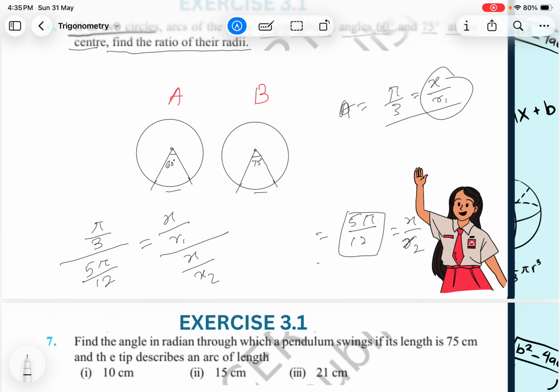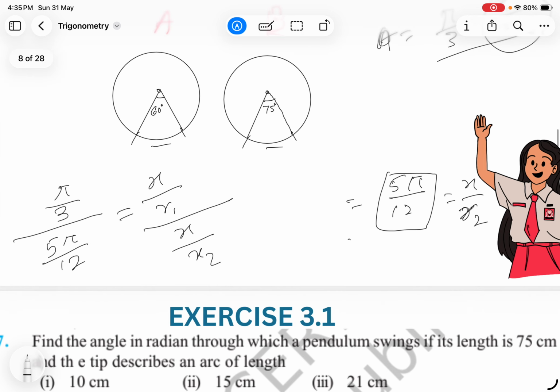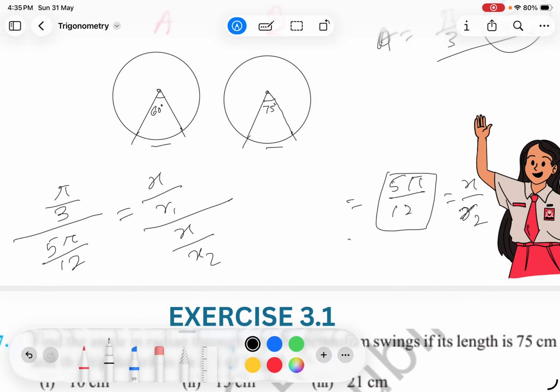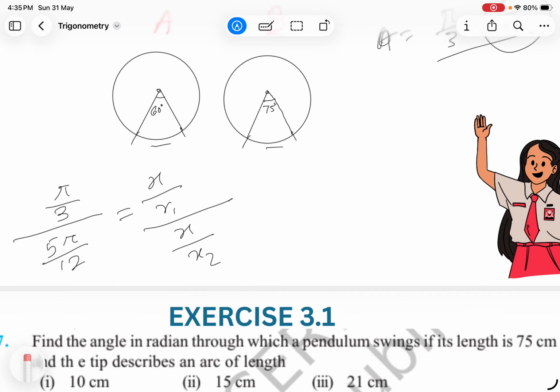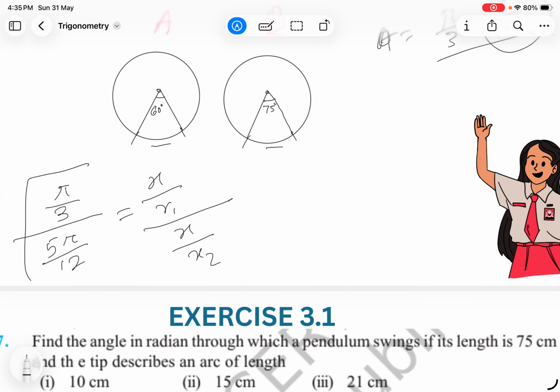So what we can do now, actually space is less here, that's why I prefer to solve on sheet. Now if we see this part, here we have pi by 3, and below we have 5 pi by 12, so we can also write it like 12 by 5 pi, right? So 3 4s are 12, pi cancels, then it will be 4 by 5.